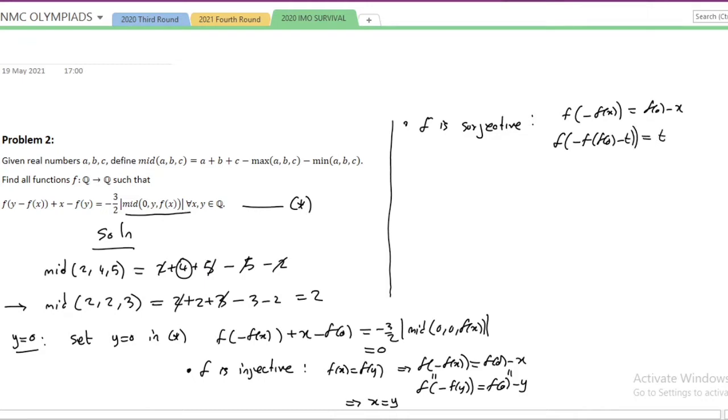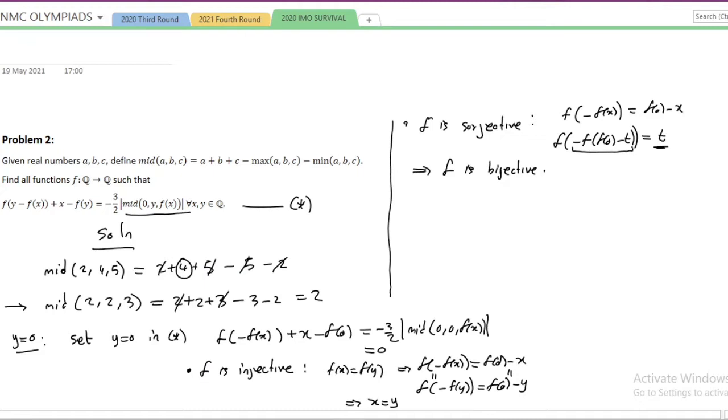This means that given any rational value of t, f of this whole expression here is going to give t, so f is surjective, meaning we can achieve every possible value by taking some x. Putting this together, this means that f is a bijection, so it's bijective.